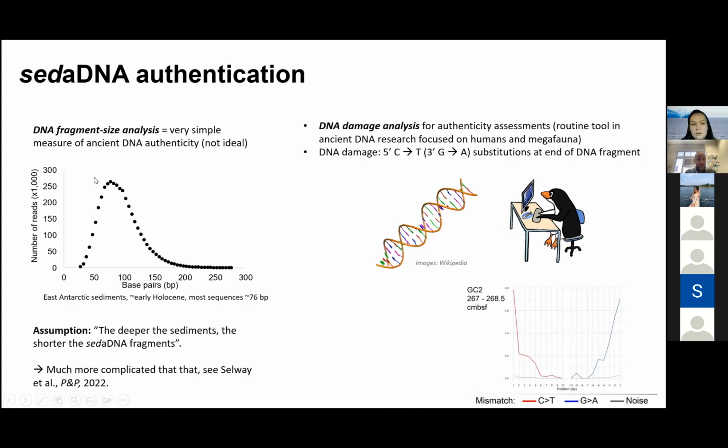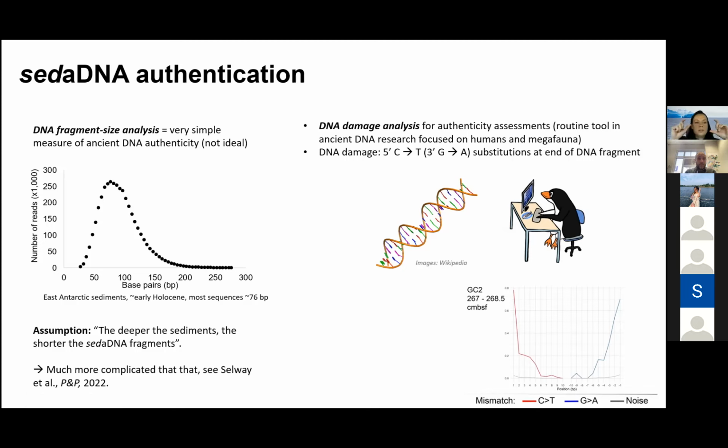So this is a simple idea of how we could check whether what we have is ancient DNA. But it's not quite that simple. Caitlin Salway has written up a little paper on that earlier this year. It's really much more complicated than that. And that's why we do some DNA damage analysis, which is a bit more robust to look at authenticity.